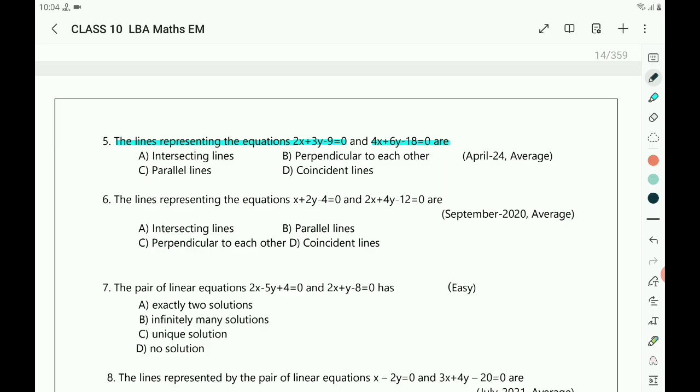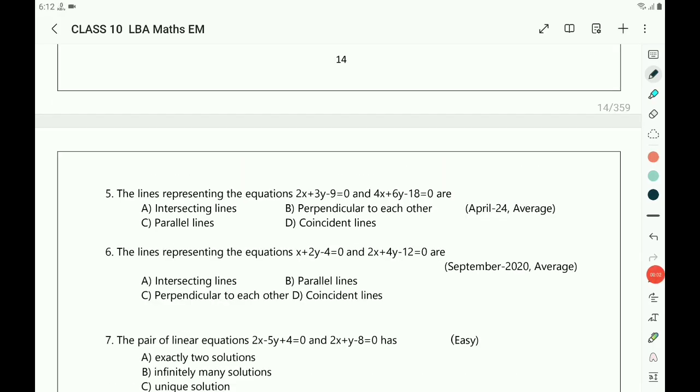Here we have to check the coefficients. The equations are 2x + 3y - 9 = 0 and 4x + 6y - 18 = 0. Then you take a1, b1, c1 for the first, and a2, b2, c2 for the second.